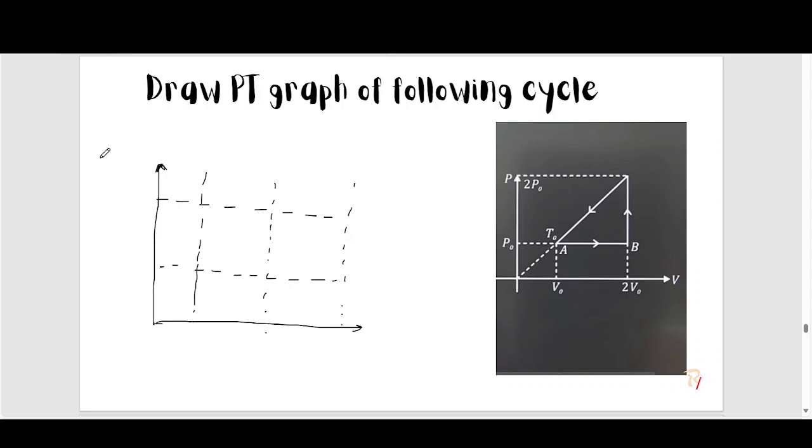Let me take a P versus V graph. 2P and P naught, T naught, 2T naught, 4T naught.